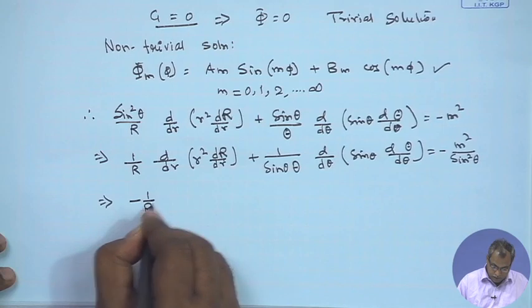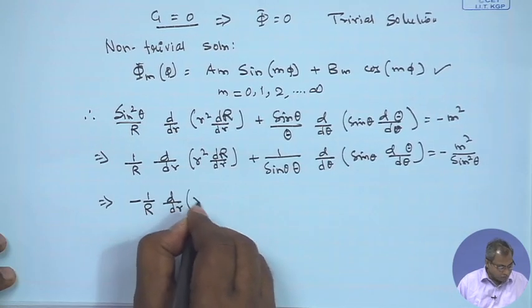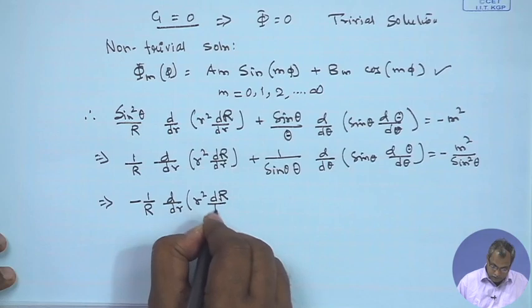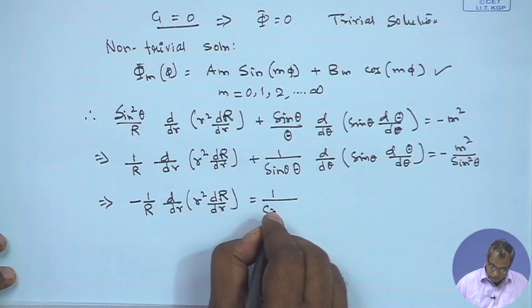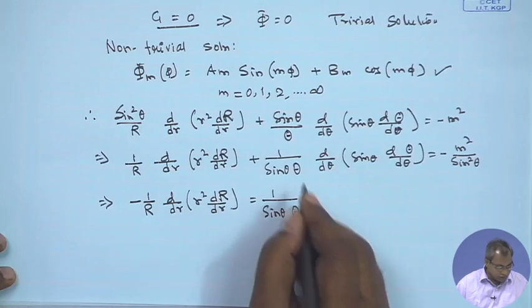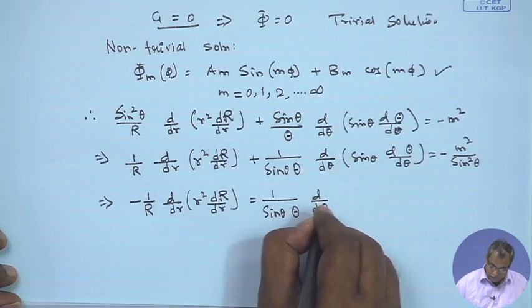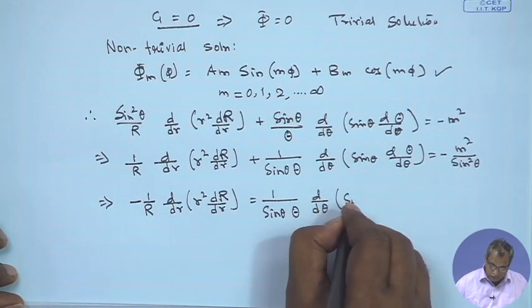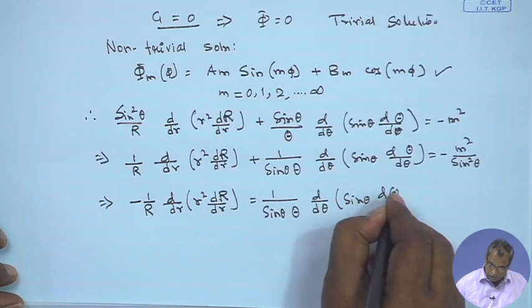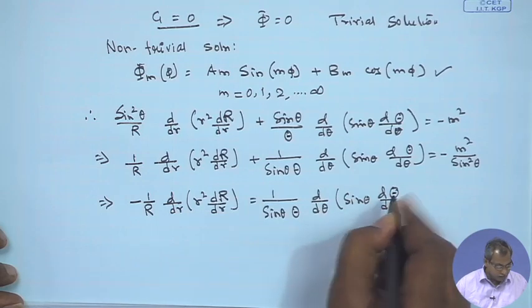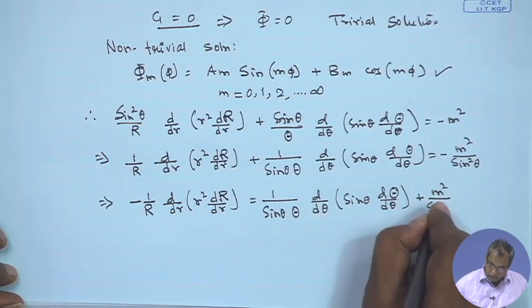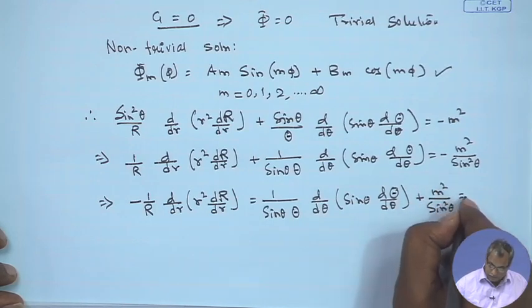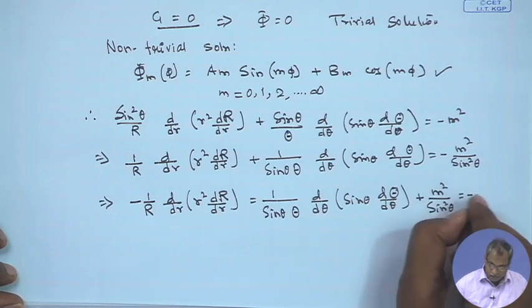So, it will be 1 over r, d dr of r squared dr, is equal to 1 over sin theta, d d theta of sin theta d theta, plus m squared over sine squared theta, is equal to minus lambda squared.